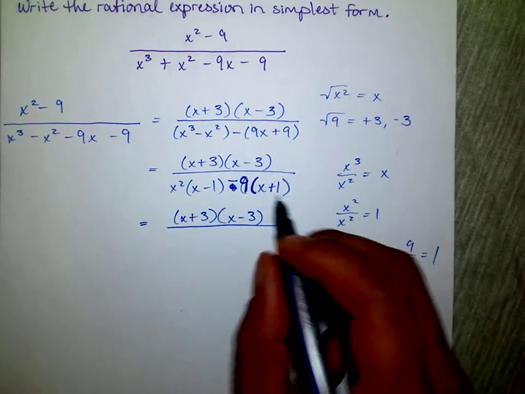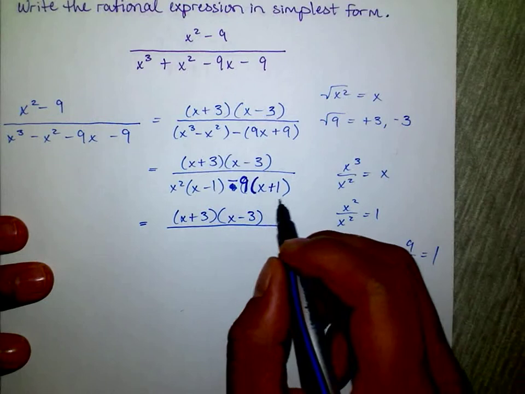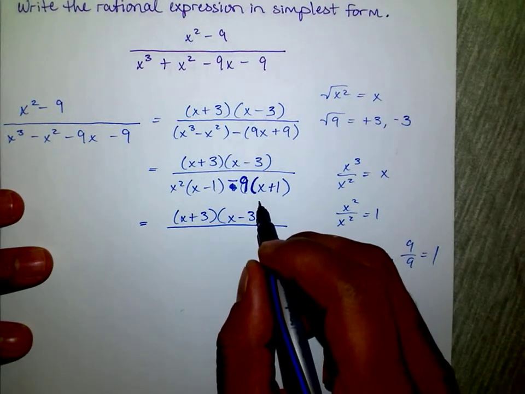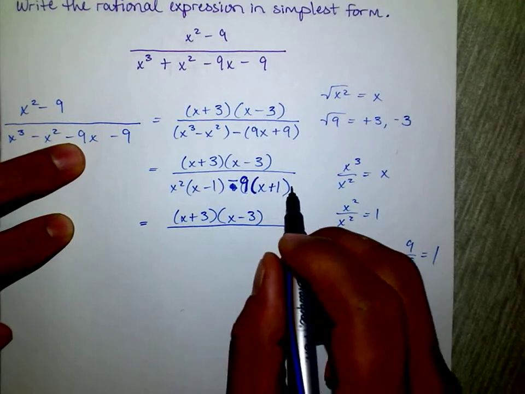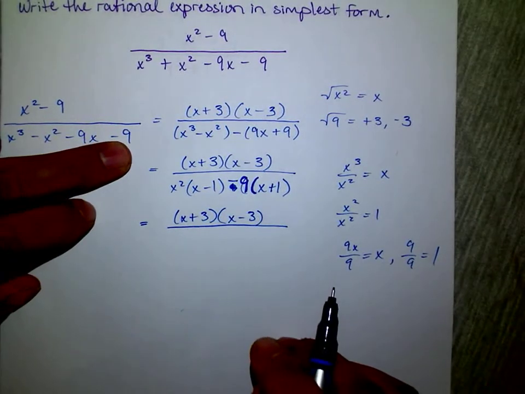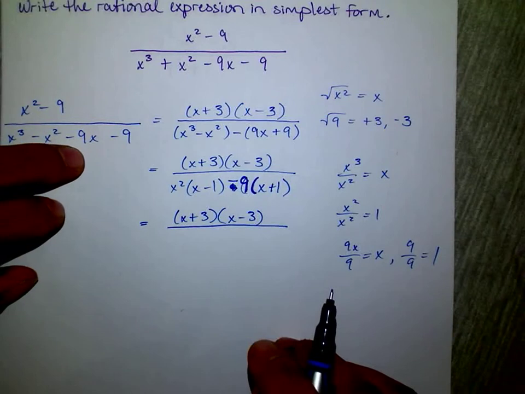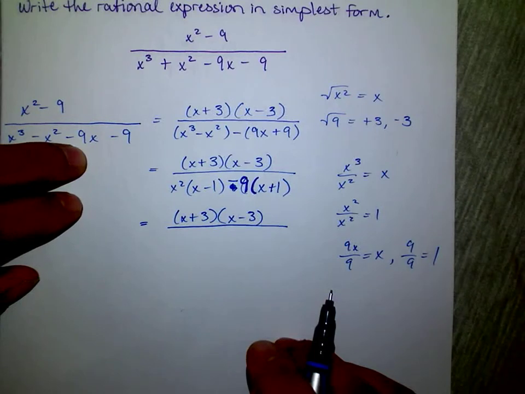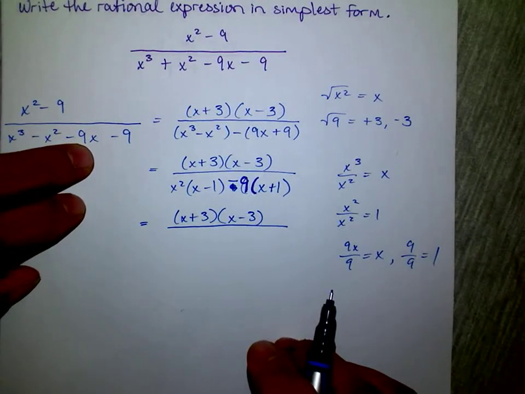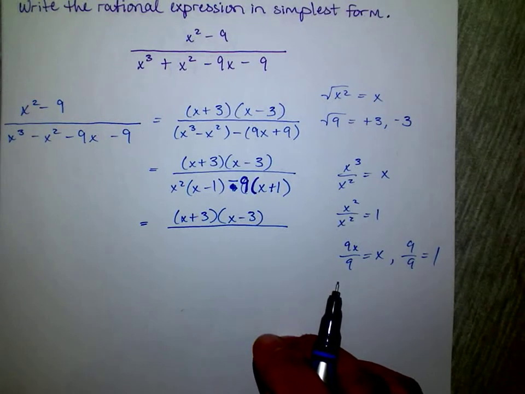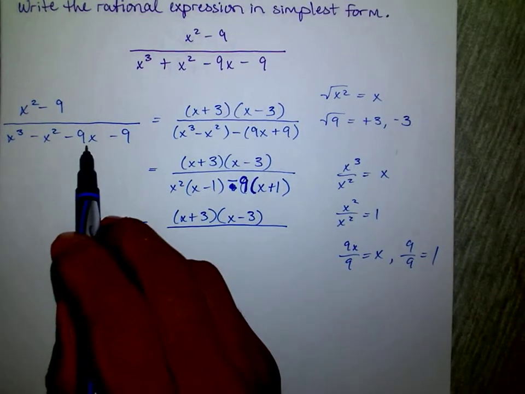And then on the bottom, we're going to rewrite this. We've got a negative 9x here and a negative 9 here. If we pull out a positive 9, that would give us negative, but that still needs to be a negative 9x right there.